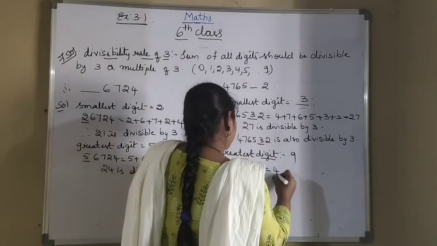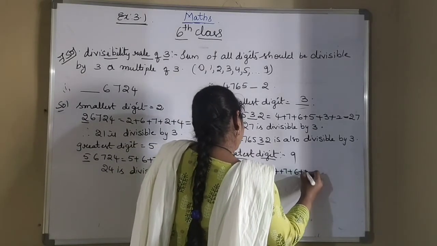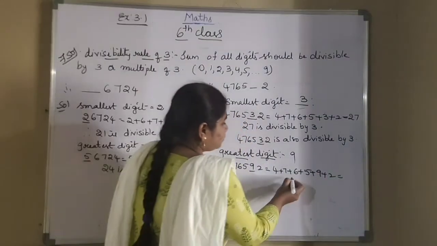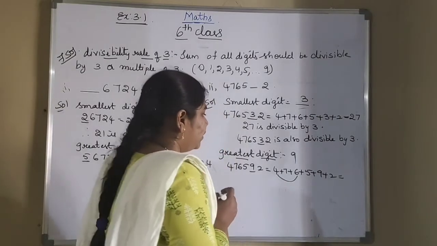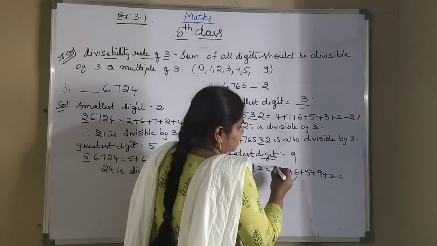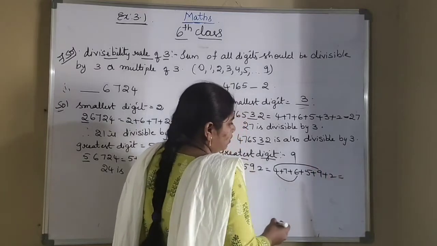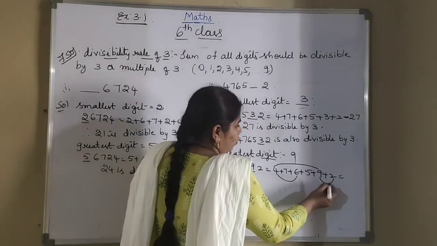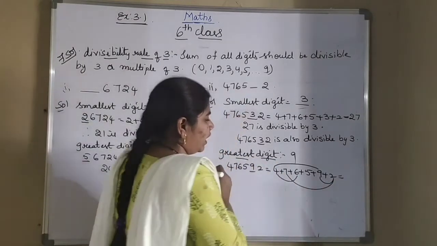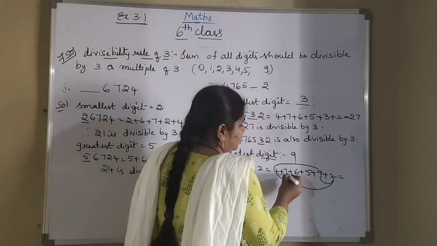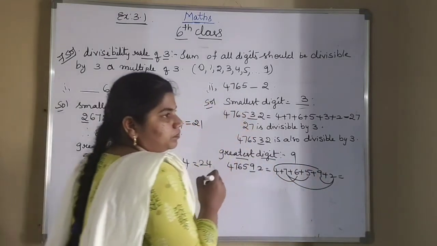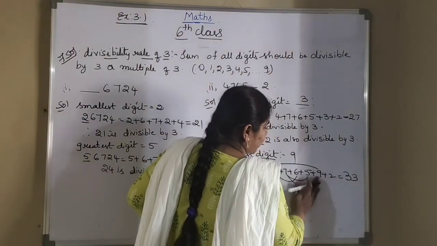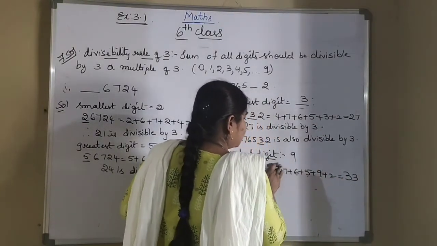Add all these numbers: 4 plus 7 plus 6 plus 5 plus 9 plus 2 equals how much? 6 plus 4 is 10. 10 plus 9 is 19. 19 plus 2 is 21. 21 plus 7 is 28. 28 plus 5 is 33. 33 is a multiple of 3, so it is divisible.